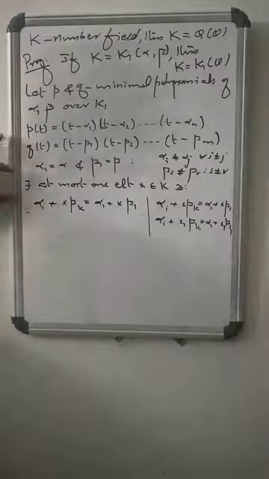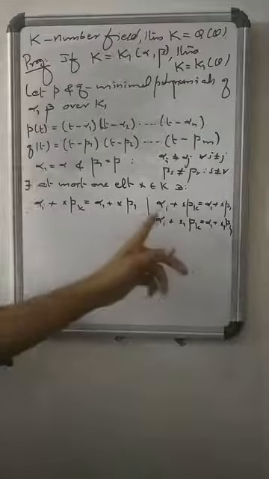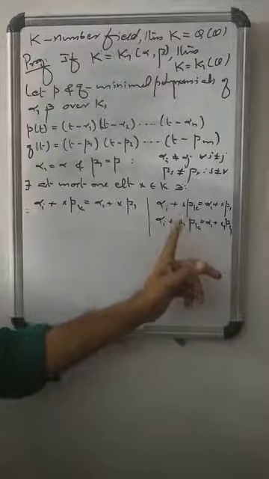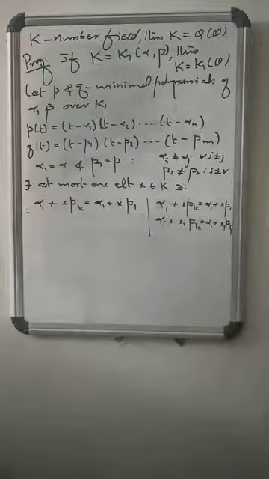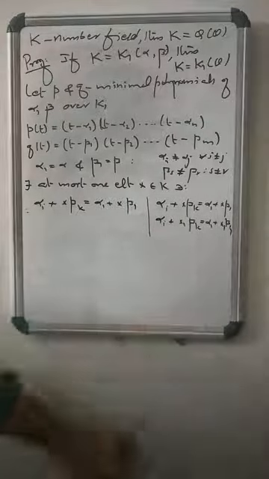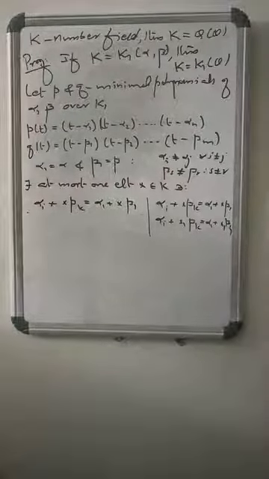We have to show that there exists at most one such element. If possible, there exist two elements x and x1 which satisfy this condition.